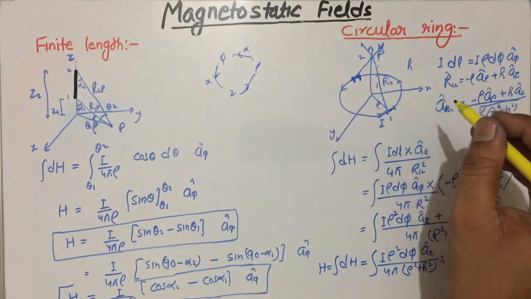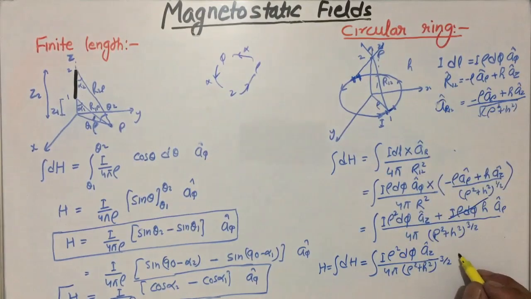So if we integrate this, it will be I rho squared, and the integration will give 2 pi, divided by 4 pi times (rho squared plus h squared) to the power 3 by 2.